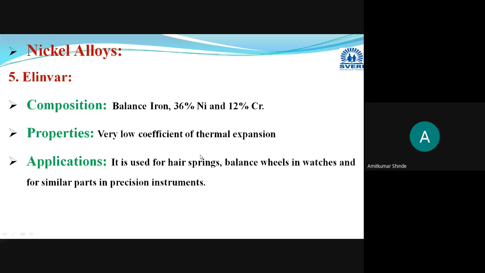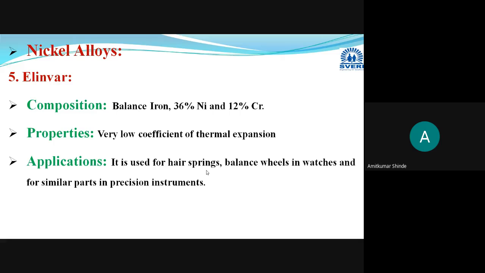Here it is used for manufacturing the hair spring, which is used in watches. Hair springs or balance wheels are there in watches or different precision instruments. These parts are manufactured with the help of Elinvar.